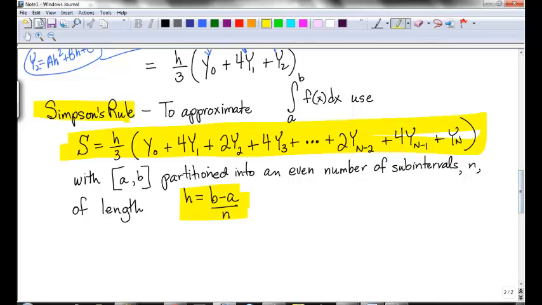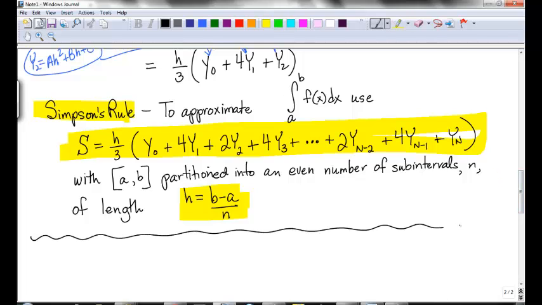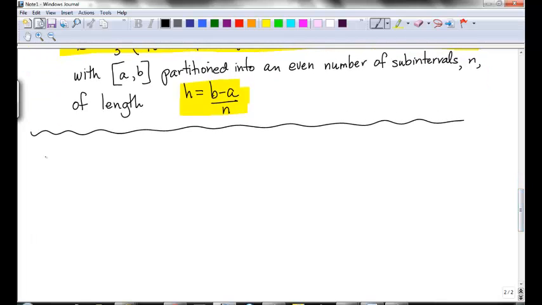Okay, now we're going to go through an example. On page 424, we are going to work number 3 together. It says use the trapezoidal rule for part A. For part B, use Simpson's rule to approximate each integral with n is 4.